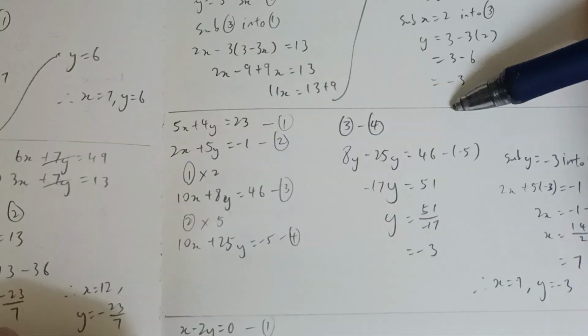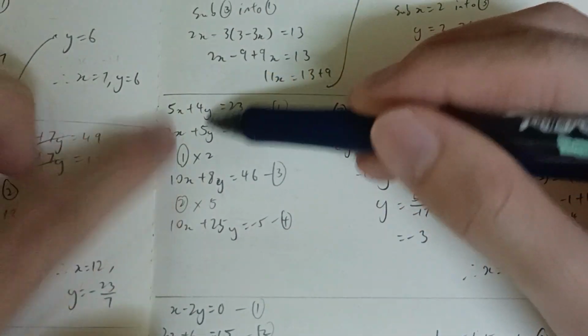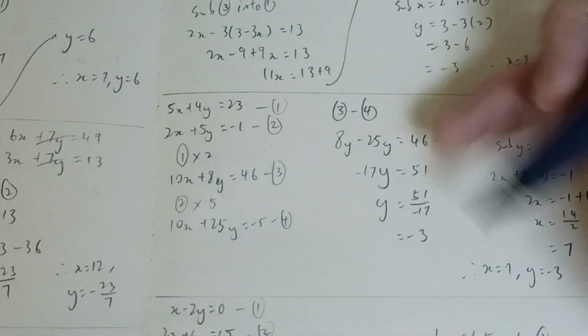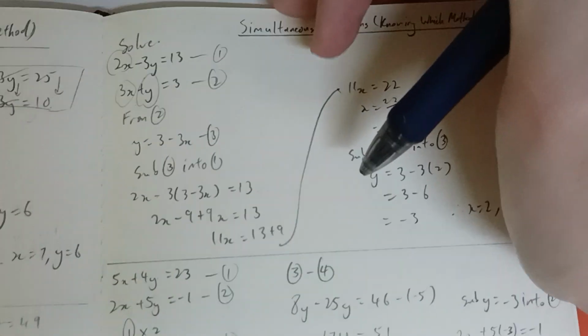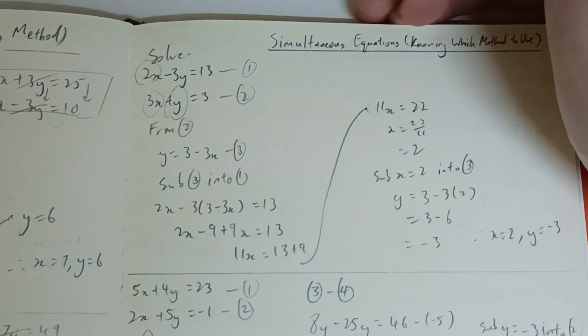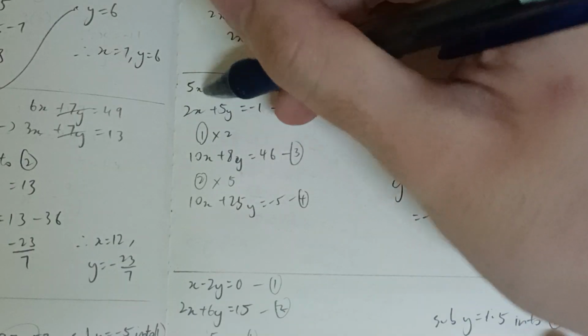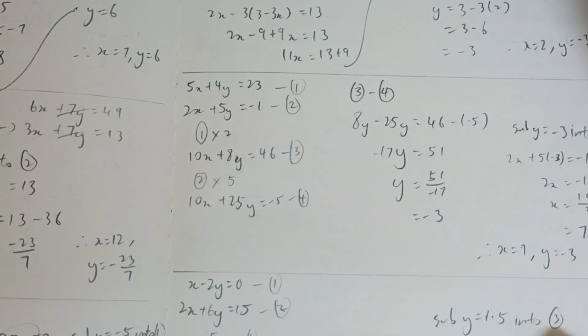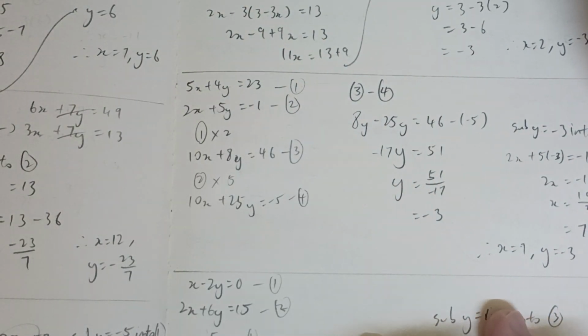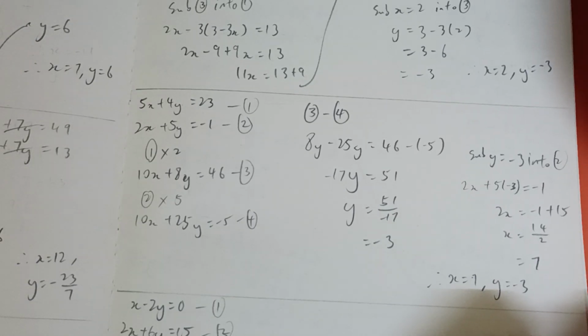For elimination method, it's best to use when you have different coefficients. So again, in summary, when you see an unknown without coefficient, use substitution. When you see different unknowns with different coefficients, that's when you should use elimination. And again, practice makes perfect.